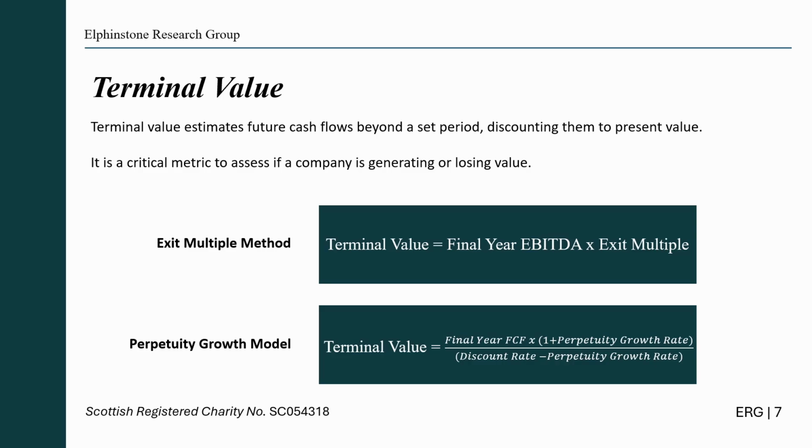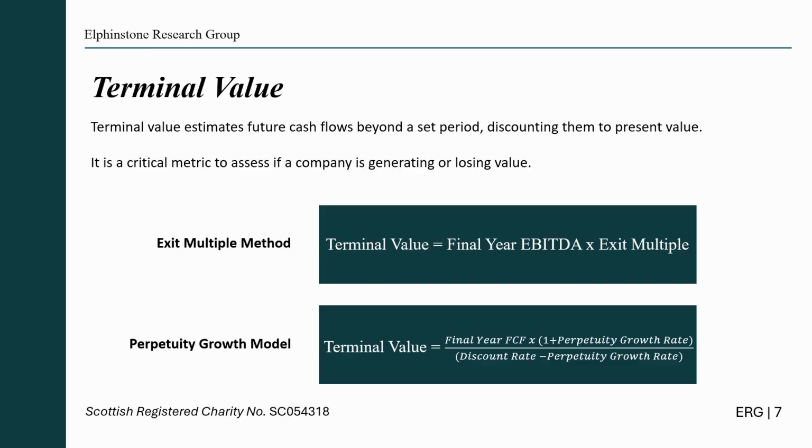The multiples approach uses sales revenue and multiples to find terminal value without discounting. The exit multiple can be the usual multiples used in financial valuation, that being enterprise value over EBITDA or enterprise value over EBIT.